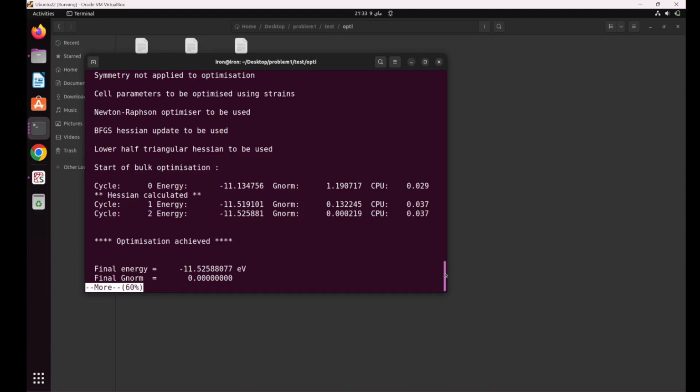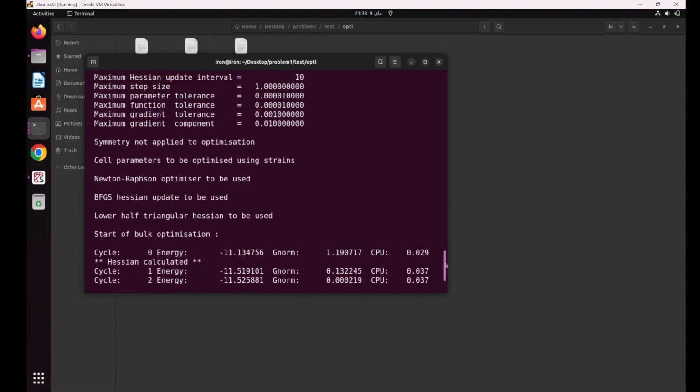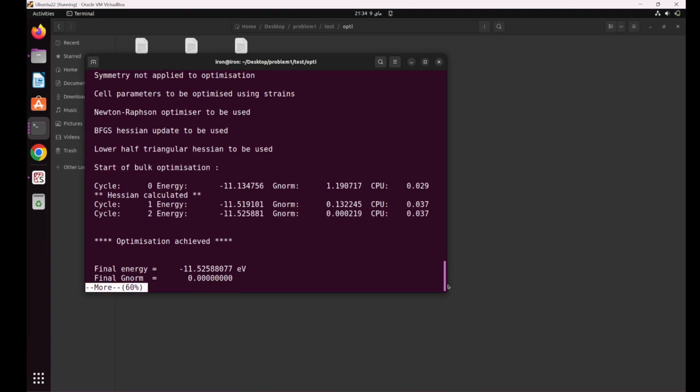And there is an internal criterion for its stopping, the maximum gradient tolerance: if it is less than 0.001, then you should stop the optimization. In fact, at cycle number 2 or iteration number 2, it reached 0.0002, so it's less than the stopping criterion. That's why Gulp has stopped.